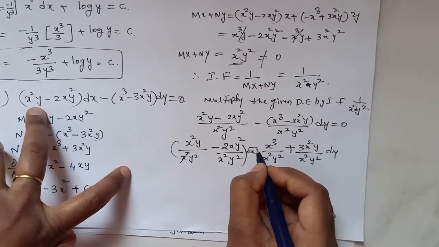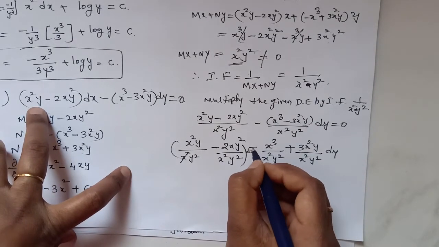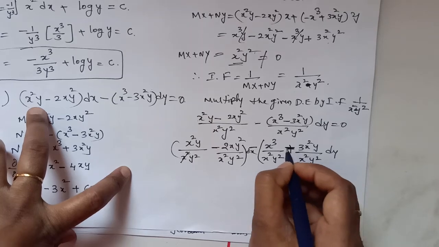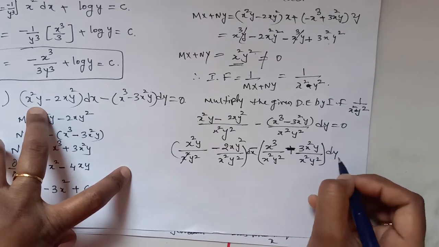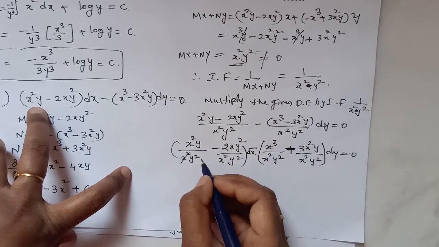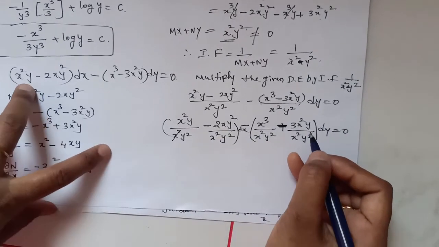Or you can write it with a common minus, here you get M dx minus N dy is equal to 0.